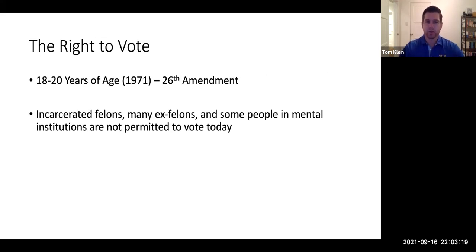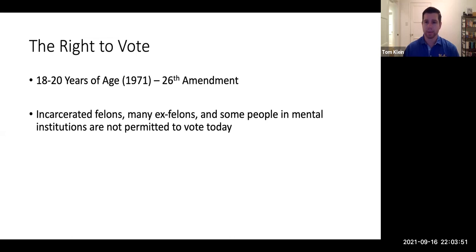Those aged 18 to 20 could not vote until 1971, our 26th Amendment. And remember, there's only 27 total. And that law was changed because of what was going on at this time in 1971. We were in the midst of the Vietnam War. Young men, ages 18, 19, and 20, were getting drafted and sent to fight and often die in the jungles of Vietnam, but they couldn't even vote for the politicians who were sending them there.